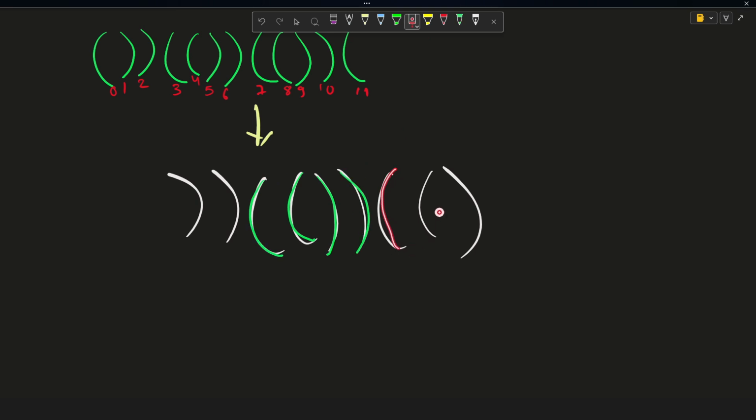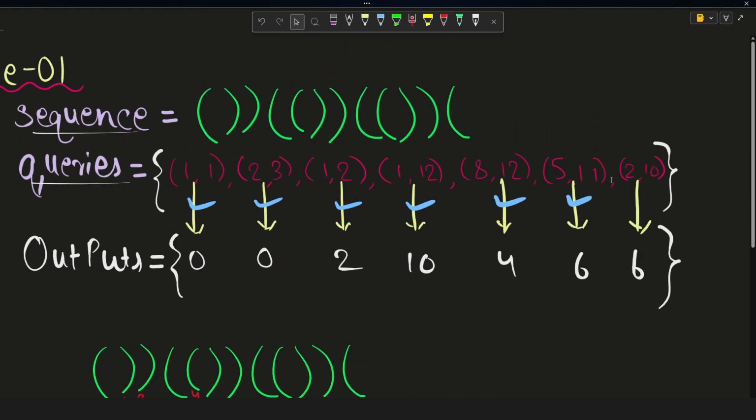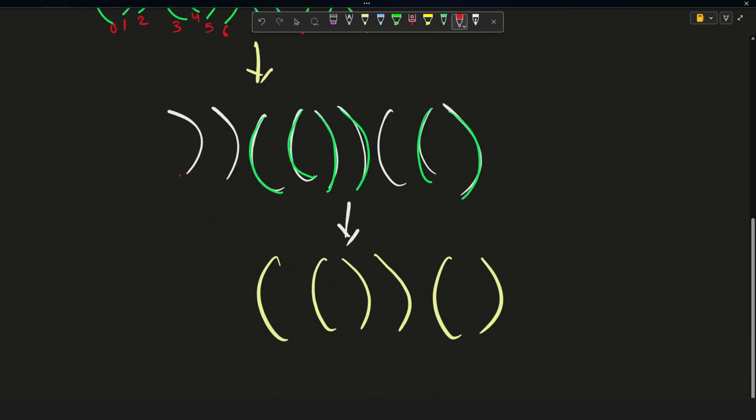On moving forward, this is an opening bracket, this is an opening bracket, and this is a closing bracket. So since this is forming a valid pair here, I can say that this will be a part of our answer. And in this way, the brackets that I have colored with green color will be a part of our answer. And now if I try to draw them separately, then it would look something like this. And since the query was from 1st to the 9th index, this was my first index and this was my 9th index, right?